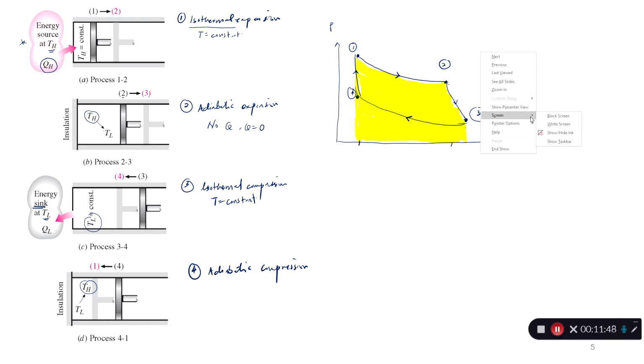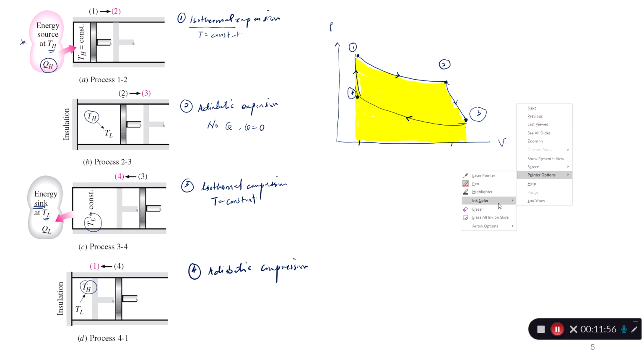Okay, and let's see, maybe another color. So for processes 3 to 4 and 4 to 1 is in the opposite direction, right? It's becoming smaller. This volume becoming this volume, and this volume becoming 1.